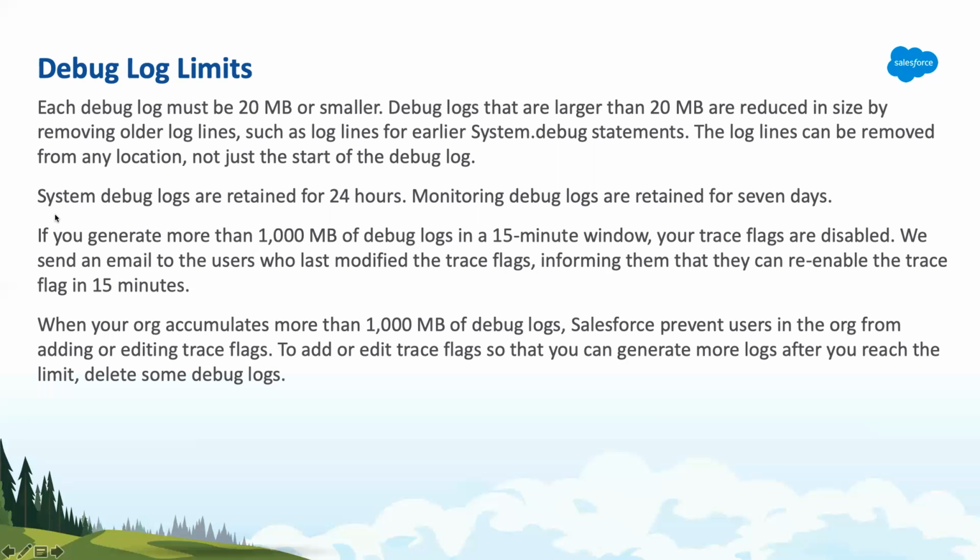And system logs are preserved for 24 hours. If you do the monitoring of debug logs, they are kept for 7 days and then automatically deleted. And if you have generated more than 1,000 debug logs in a 15 minute interval, it will trace the flags and the flags are disabled.